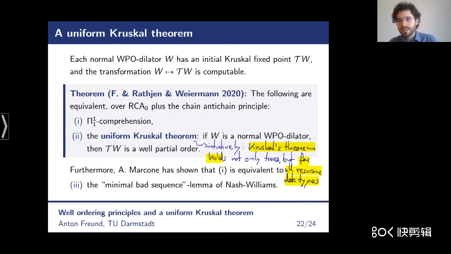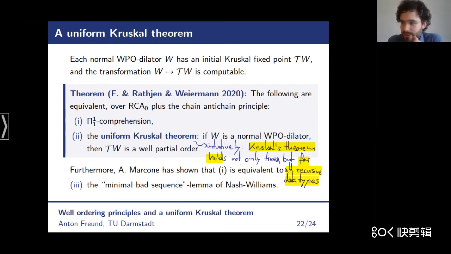And this minimal bad sequence lemma provides, I would say, the most elegant proof of Kruskal's theorem. But if you just consider the usual Kruskal theorem, then it may be a very elegant proof, but it's not the most elementary proof. So the minimal bad sequence lemma, by this result of Marcone, is too strong, in a sense, for the usual Kruskal theorem.